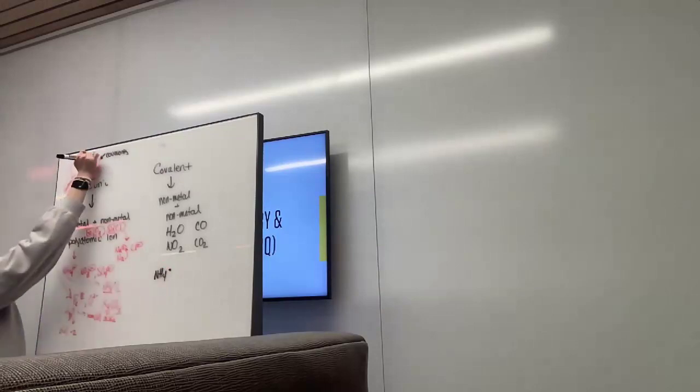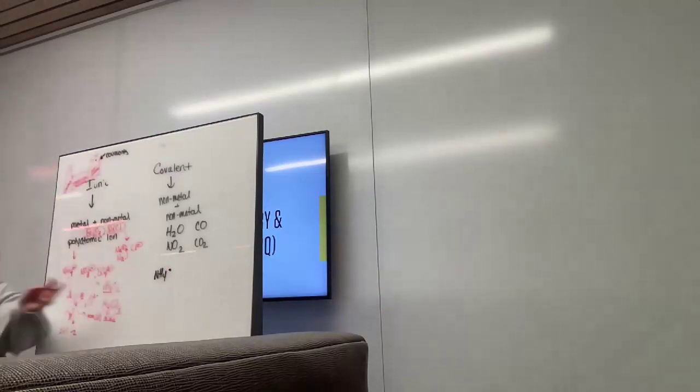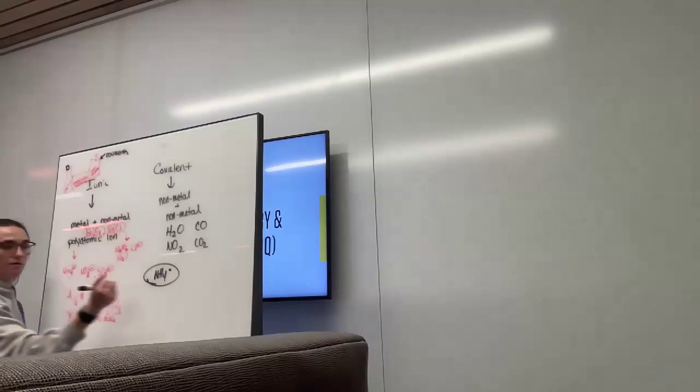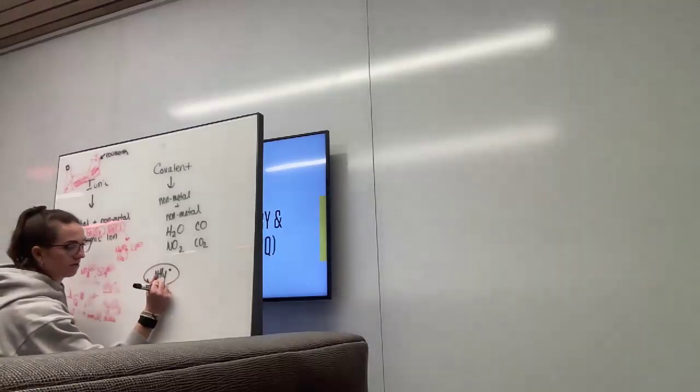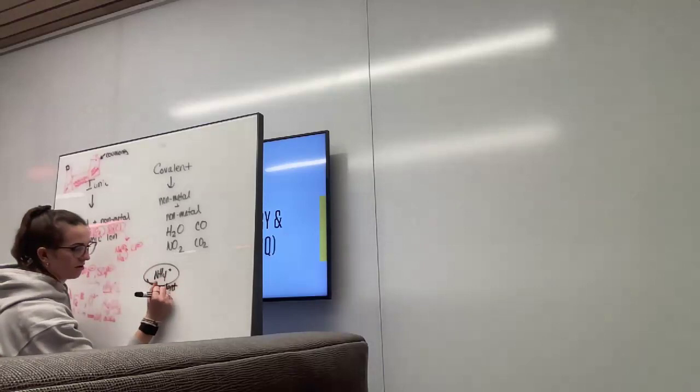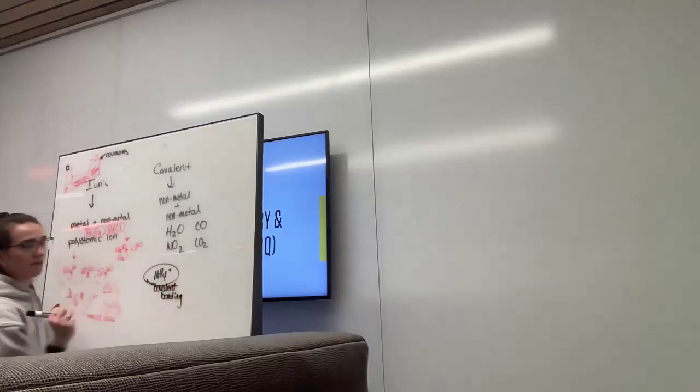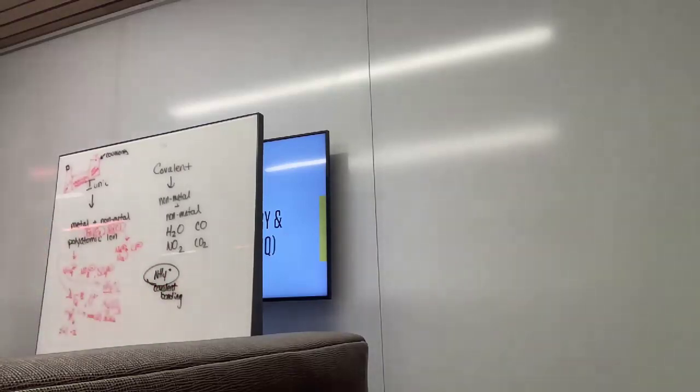Where is hydrogen? On the left, all the way up here, but it's technically still a non-metal. So in this case, what is bonding NH4, ionic or covalent interactions? Covalent. This would be covalent bonding, making a polyatomic ion.